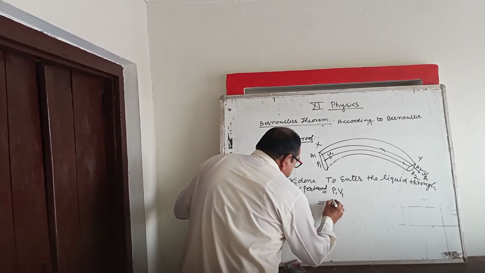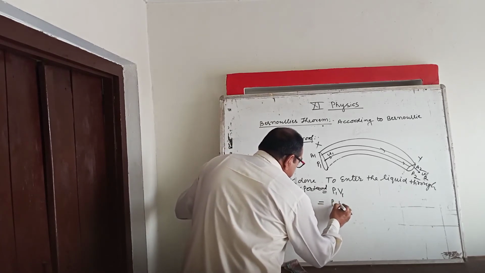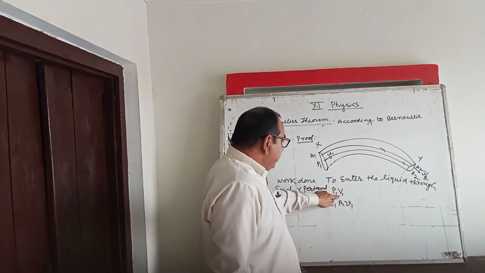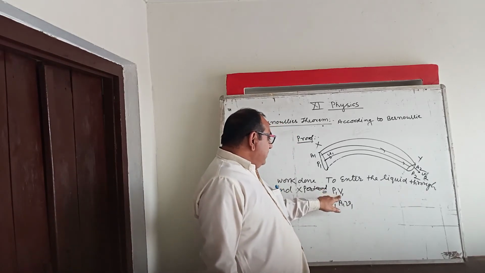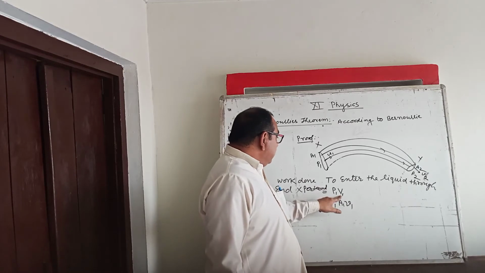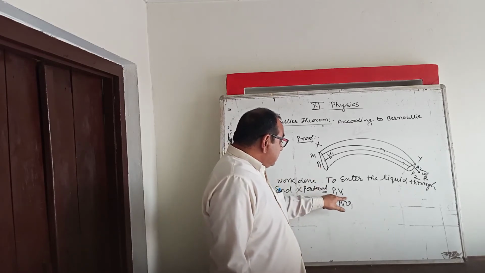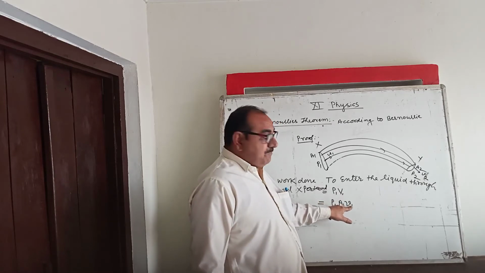Now P1 A1 into V1, where V1 is the volume of the liquid flowing or entering through the end X, and this is area into velocity.